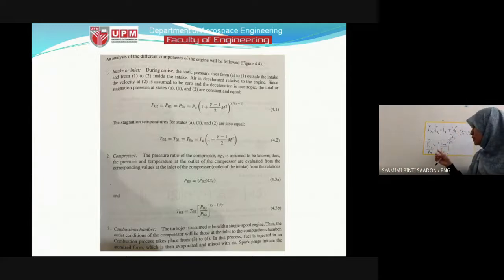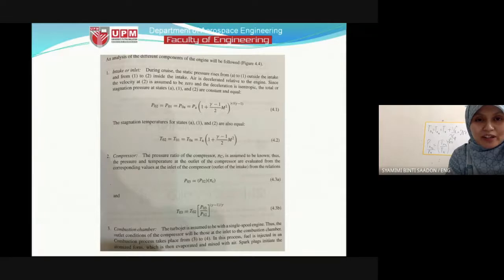So remember this equation in aerothermodynamics. This is the isentropic equation for ideal gas. So you have P total 2 over PA and T total 2 over TA, to the power of gamma over gamma minus 1.